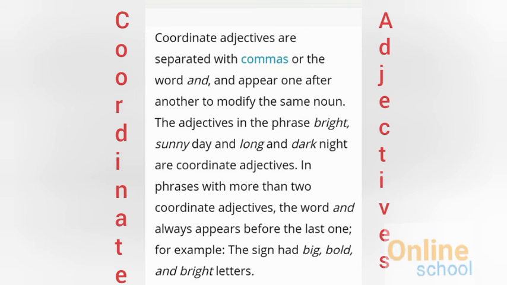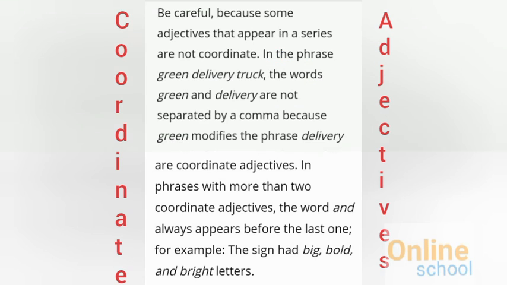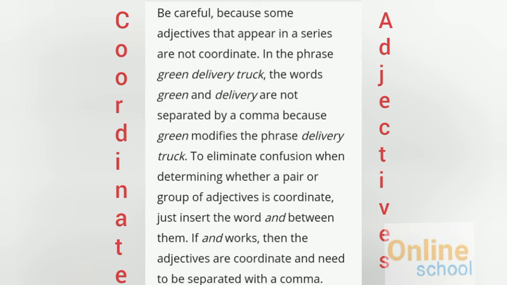In phrases with more than two coordinate adjectives, the word and always appears before the last one. For example, the sign had big, bold, and bright letters. Be careful, because some adjectives that appear in a series are not coordinate.